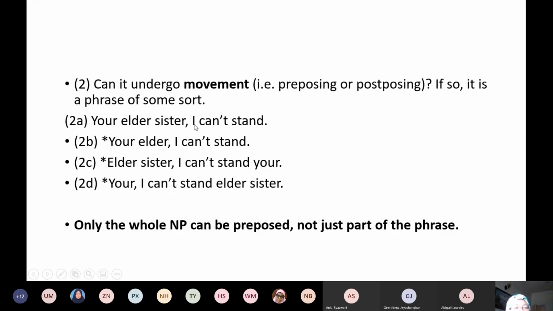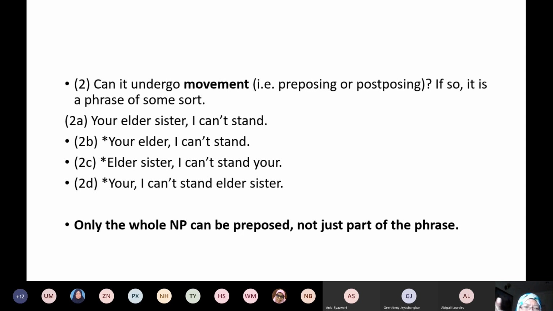This is an okay sentence, it's grammatical. These are all examples of pre-post. If you want to think about this, we have to look at the original sentence. So the original sentence is, I can't stand your elder sister. That is the original sentence lah. And then you pre-post, you bring it to the front.